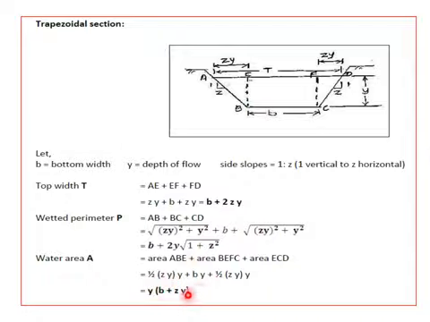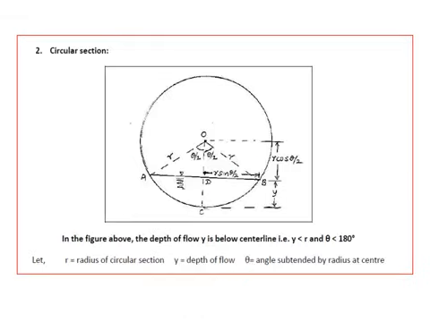You can remember this. The two triangles together give ZY square, and Y comes out of the bracket, so it will be B plus ZY. Hence the water area is Y into B plus ZY.